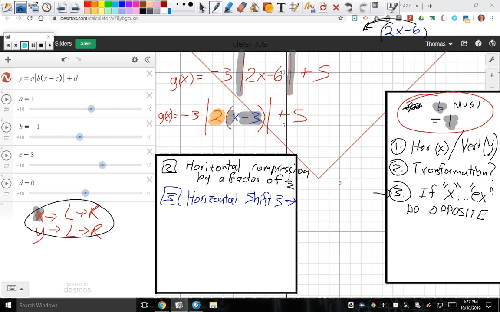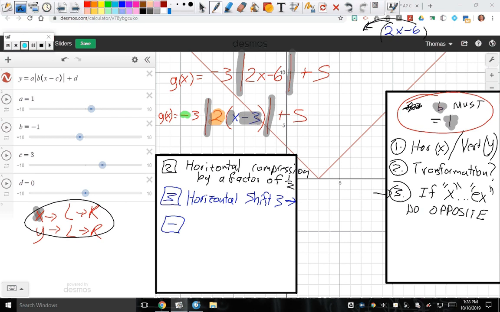Okay, so now we're dealing with all the x's. So let's jump outside of these walls. Let's jump outside of the absolute value. And the first thing that we're going to now look at is that negative. Please don't look at the negative 3 as one huge transformation because it's actually 2 transformations. Okay? So this negative, what's the first word that I write? Vertical, nice. Because it's not with the x. Okay?